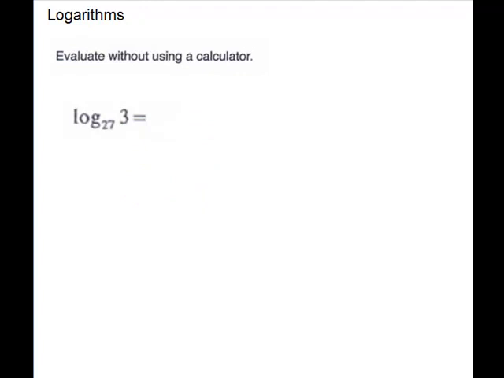The next three are a little tricky. So we'll start with this one, and we're going to switch the form. So we're going to say 27 to what power is equal to 3. So that's not so easy to think of. What we want to do is write the bases the same.